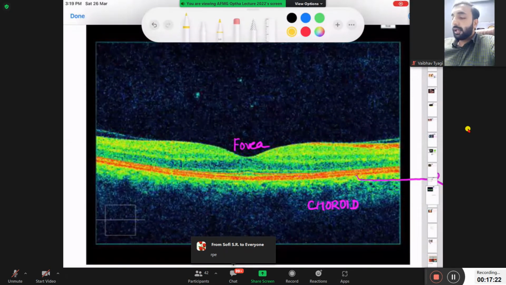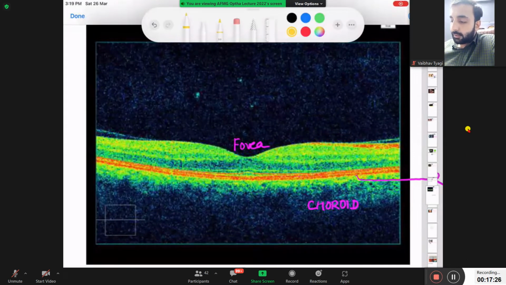Can you see in this scan, which is the pigmented layer, which you can see? This one, right? Can you see this is pigmentation? Yeah. So this layer is called as RPE, okay? And as you go, these are the inner layers. This is the outermost layer. Beneath the RPE is your choroid.